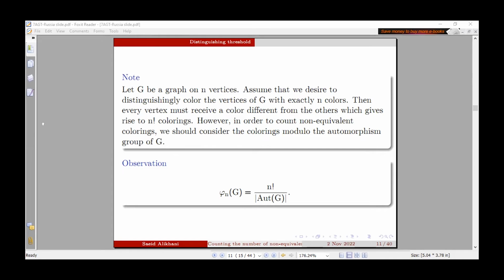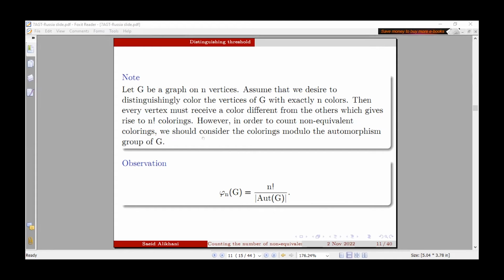Okay, we have this note here that says if G is a graph of order n, and we suppose that we want to color, distinguishing the vertices of G with exactly n colors, then every vertex obviously must receive a color different from the others, which gives rise to n factorial colorings.